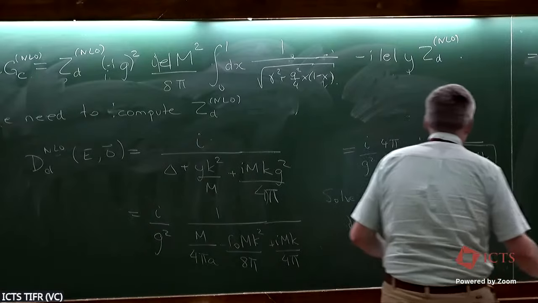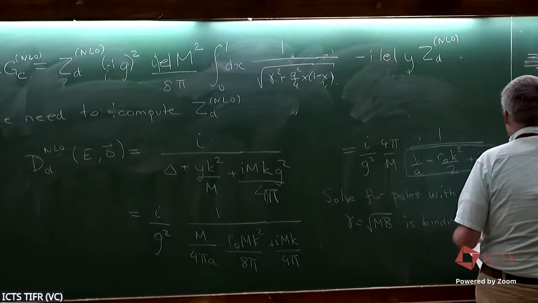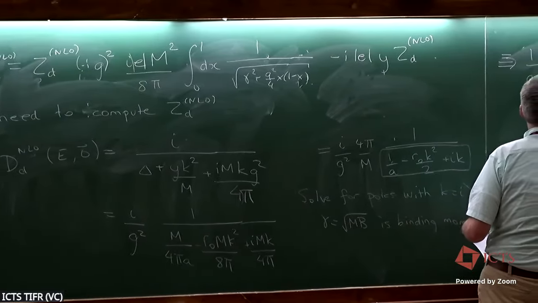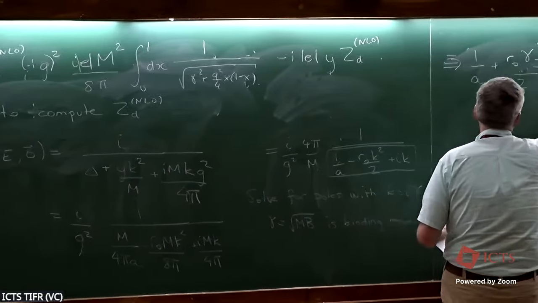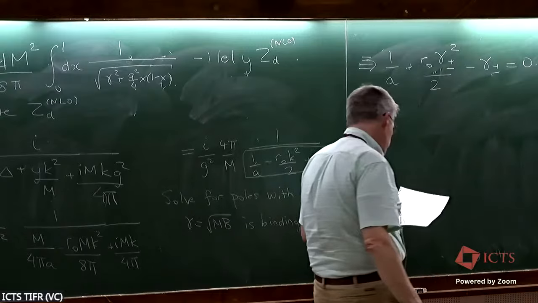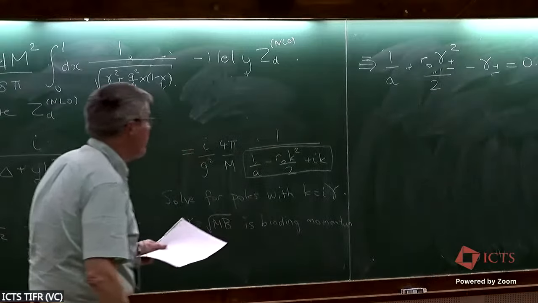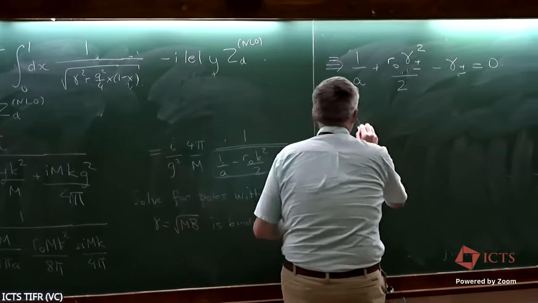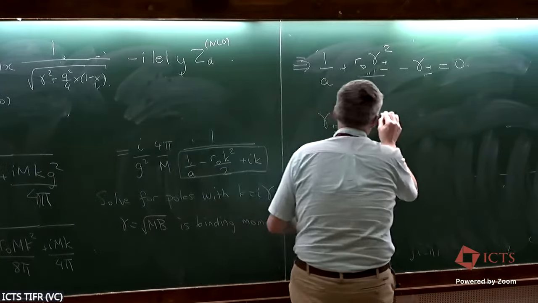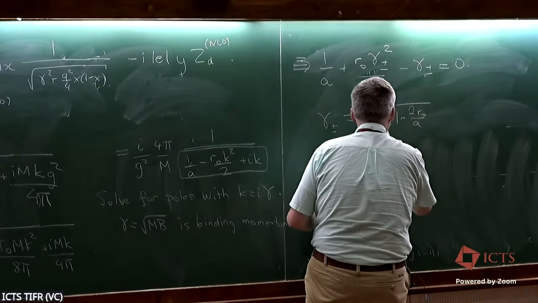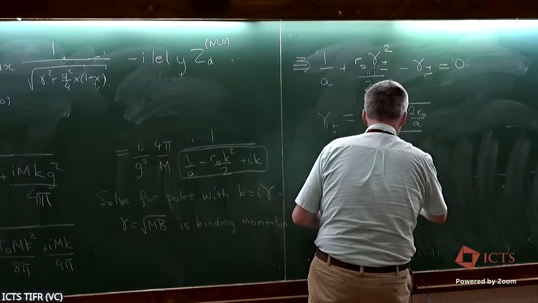So that means we're going to have to solve a quadratic equation. There are going to be two solutions because it's a quadratic, and this is related to the issue of the spurious pole that I mentioned before. If you solve that quadratic equation, you get gamma plus minus equals 1 plus or minus the square root of 1 minus 2 r0 over a, all over r0.